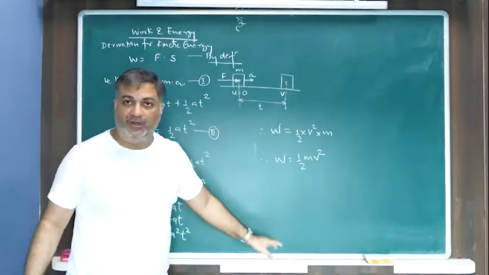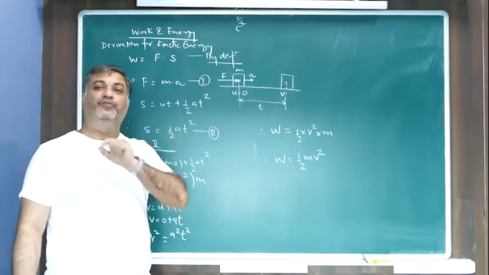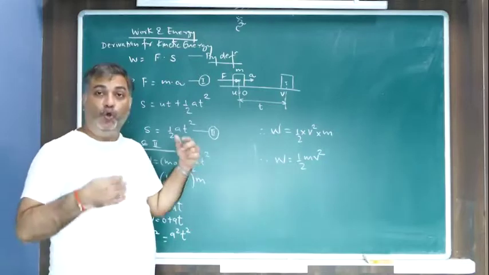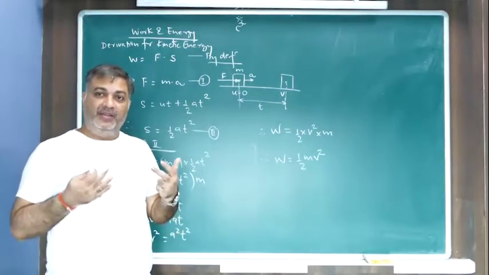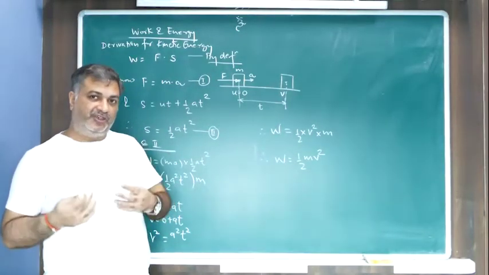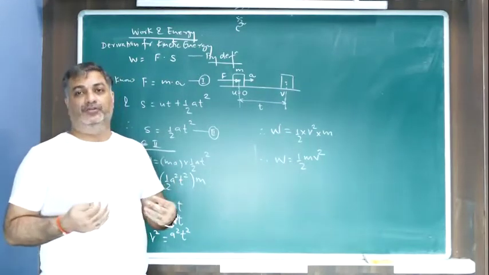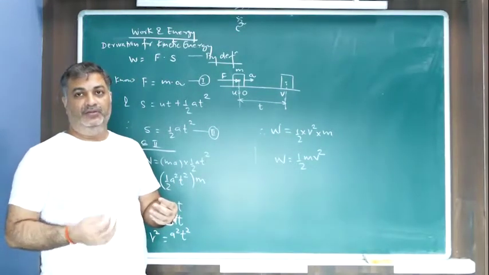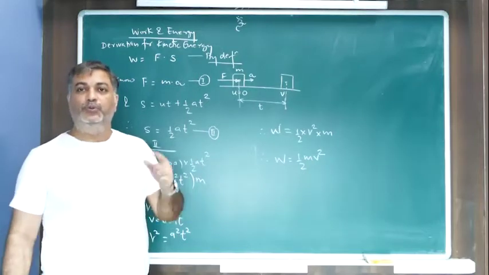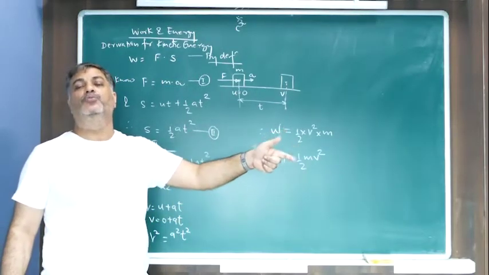This is the work done, and this work is done because of the motion, and it is stored. This work done is expressed by the body as its kinetic energy, right? Fine. This work is done due to the kinetic energy, due to motion.